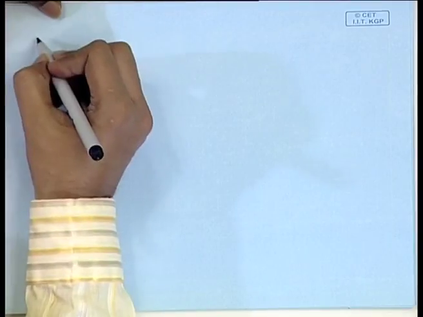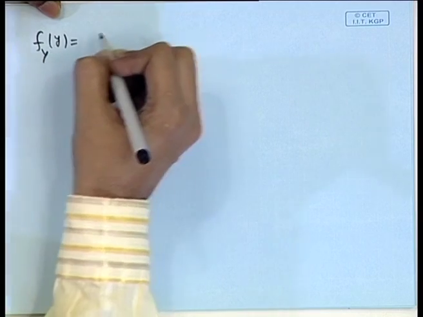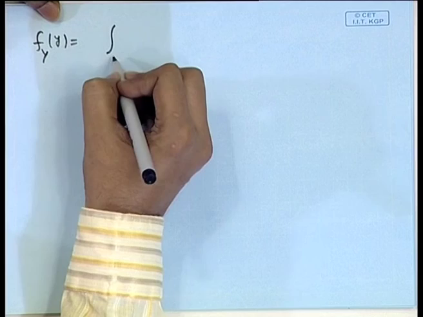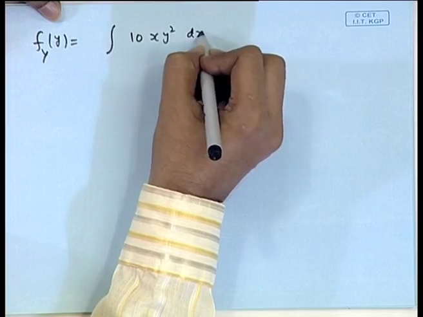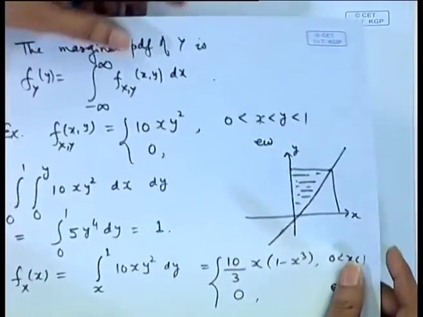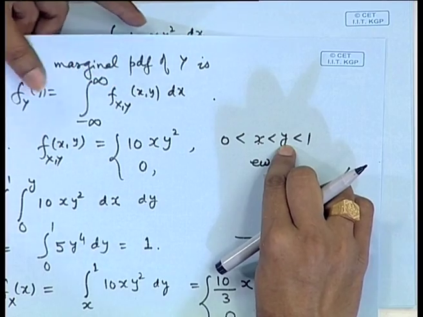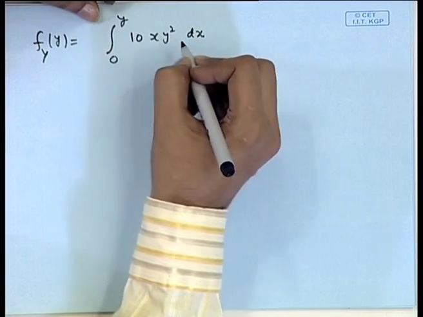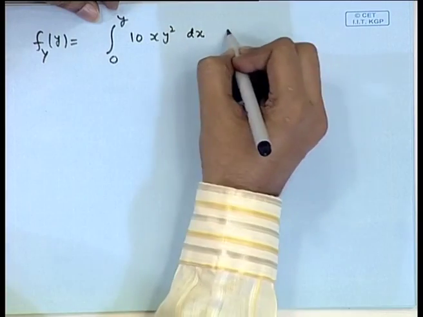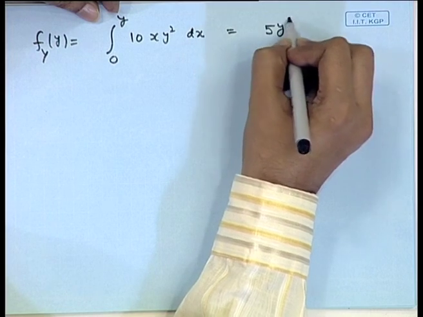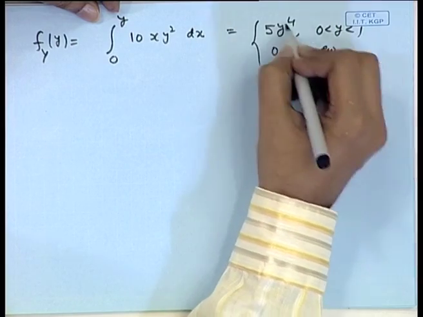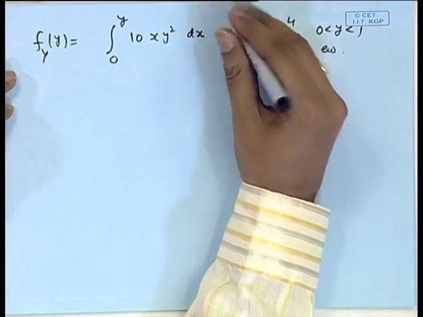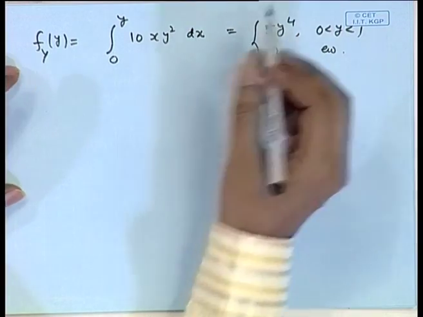Similarly, we can obtain the marginal distribution of y, that is the integral of 10 x y square dx. Here, for a given y, the range of x is 0 to y. So, this is equal to 5 y to the power 4 for 0 less than y less than 1 and 0 elsewhere. So, the marginal distributions of x and y are easily obtained.